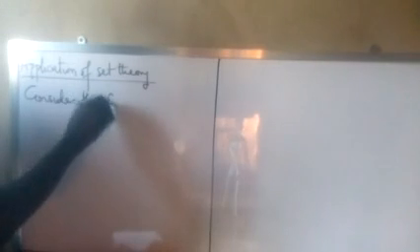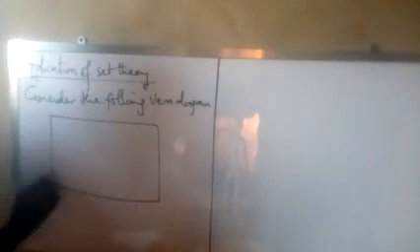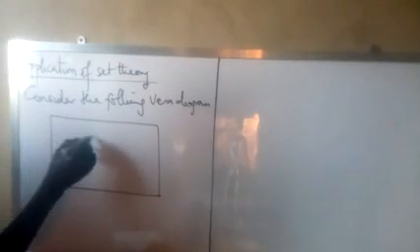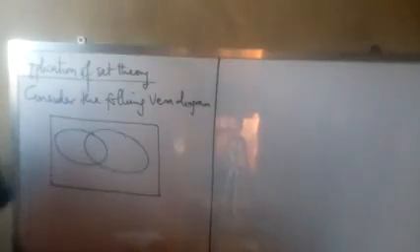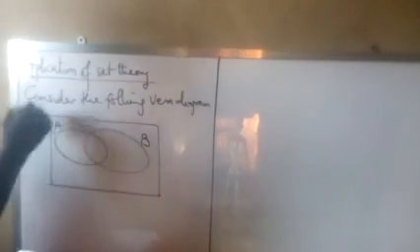Consider the following Venn diagram. So let's suppose we have this. Now we call this A, call this one B. These are what?